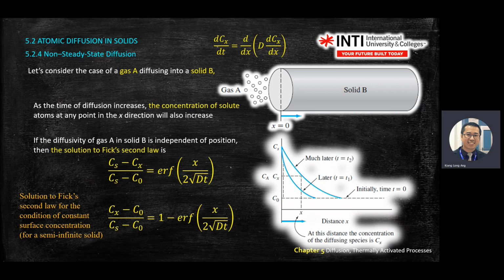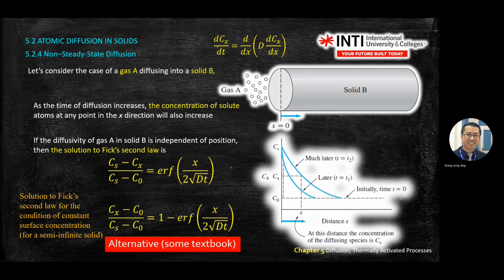Both give you the same answer. It's just a different mathematical presentation only. You can prove it, but we are not going to do that. The second one, if you see 1 minus something, is usually used for a semi-infinite solid. Some textbooks use the bottom one. In our source, we use the top one. You can use the second one also if you want.